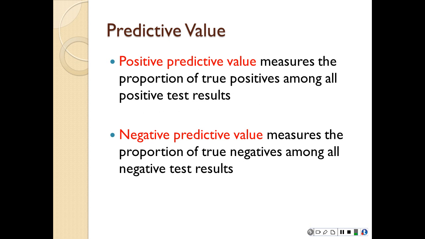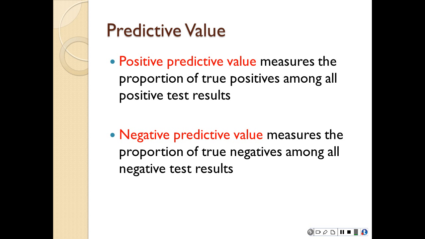All right, which leads us to predictive value. Sensitivity and specificity are characteristics of the test. Positive predictive value and negative predictive value are characteristics of the test and of the population. So the positive predictive value is measuring the probability that, given that you have a positive test, you actually are sick.